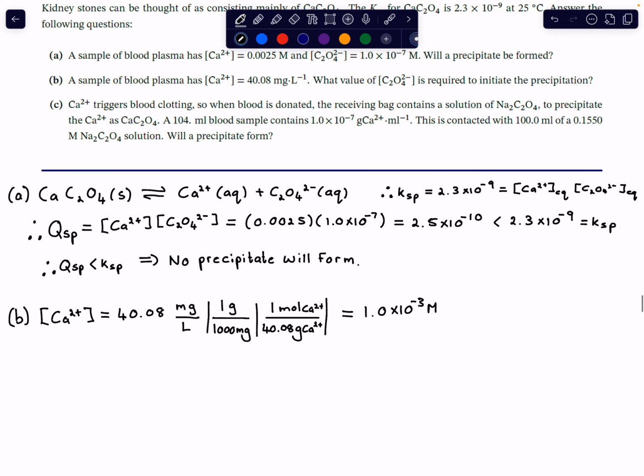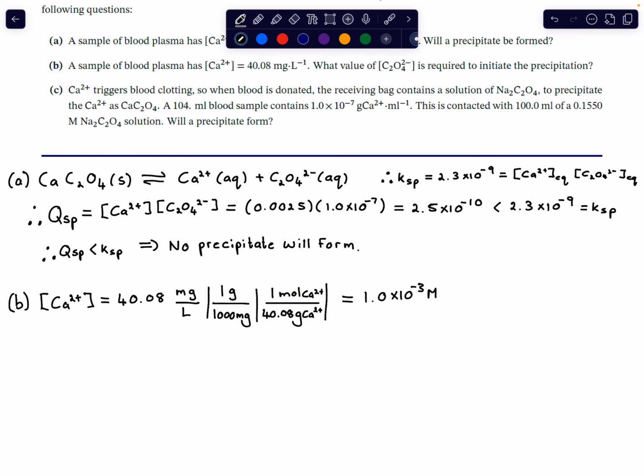Right. So now the question is, what concentration of oxalate would mean that a precipitate will form? So we can calculate the concentration of oxalate, C2O4 2-, multiplied by calcium 2+, needs to be equal to KSP. That we remember from how we wrote KSP.